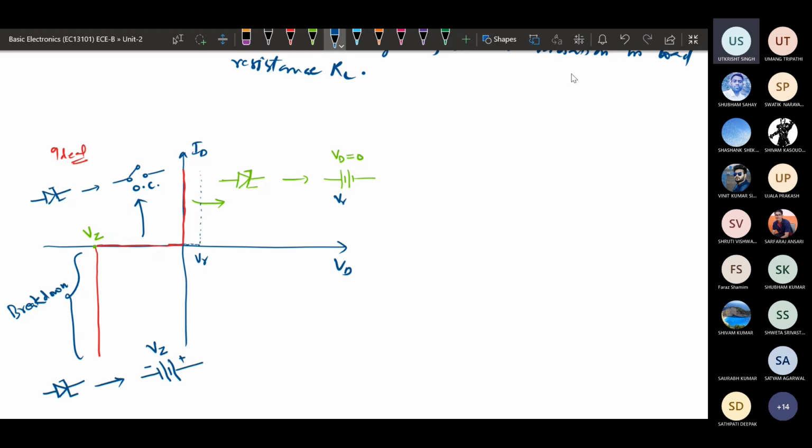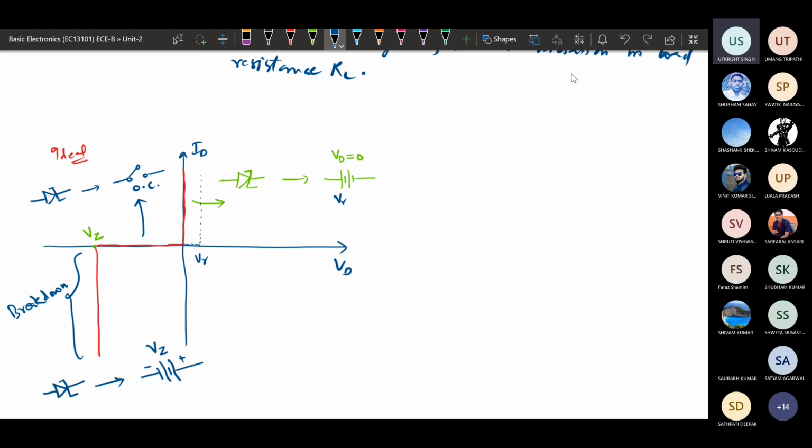This breakdown region property we will basically use to employ the Zener diode as a voltage regulator circuit. This equivalent circuit of a Zener diode can be used in further analysis also. If it is used anywhere in a circuit, you can just replace it.